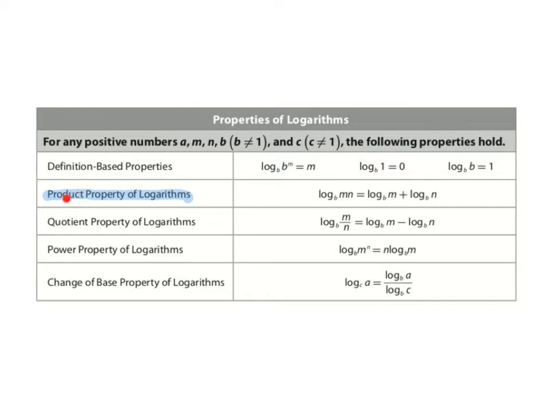Notice it says product, which means multiplication. So if you have multiplication within a logarithm like this, we can actually expand it out into two separate logarithms using a sum. So the log base b of m times n can be rewritten as the log base b of m plus the log base b of n. So be really careful here.